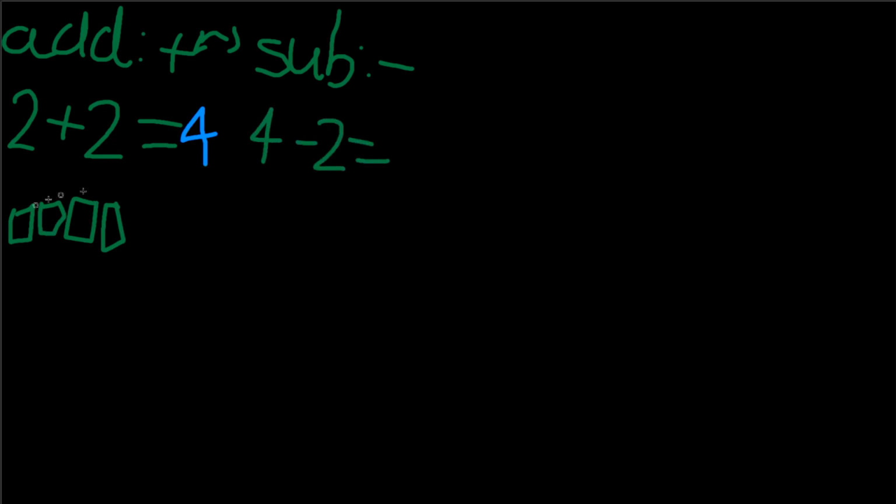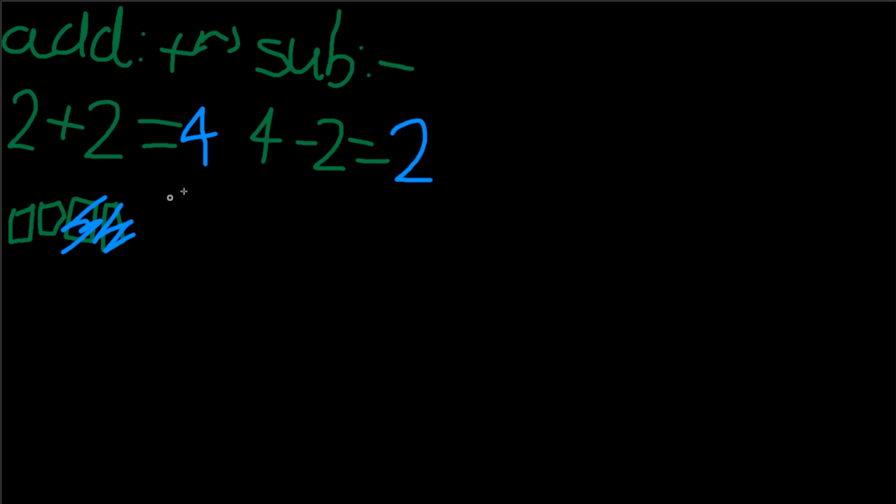You imagine the 4 blocks, 1, 2, 3, 4, and then the minus 2 means you take away 2. So let's just hollow these out. Now you count the ones that are remaining, 1, 2, so 4 minus 2 gives you 2. Wonderful. Easy so far. Very simple.